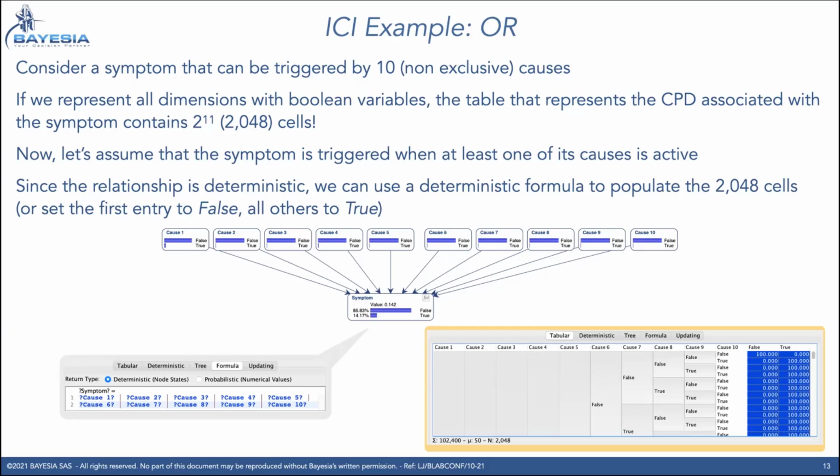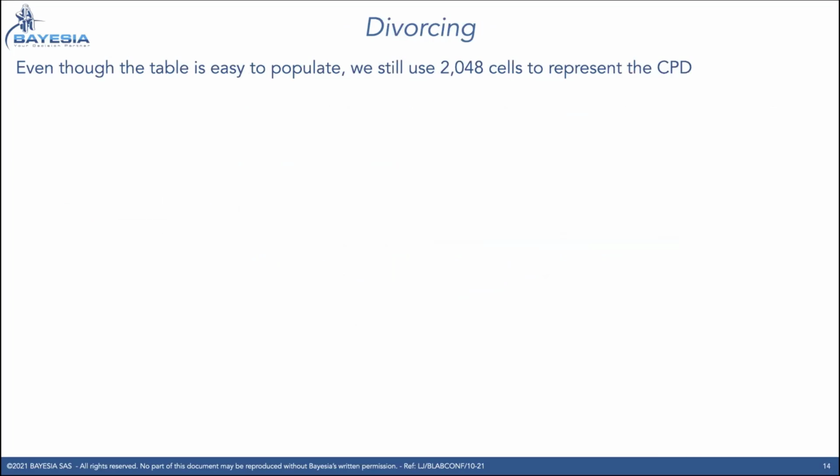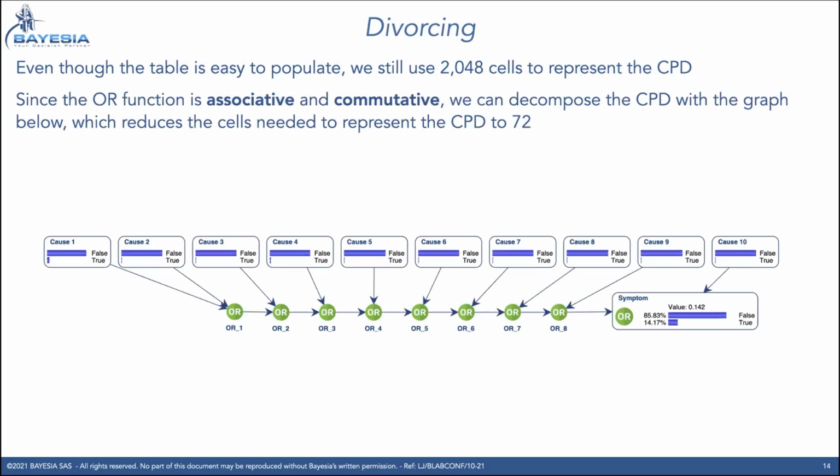Because that is quite expensive in terms of memory, I'm going to try to use what we call divorcing. Divorcing is when your function, here the OR function, is associative and commutative. Then we can decompose this conditional probability distribution with this kind of graph. Instead of having a final OR that uses the 10 parents, I'm first computing an OR between the first two causes.